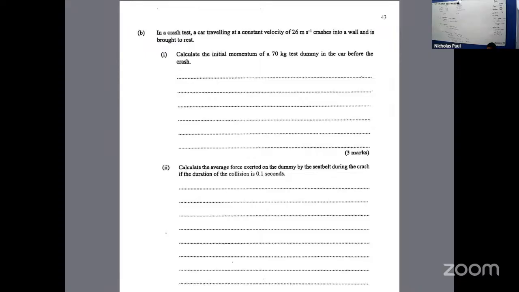Go to the topic by topic, page 43, and do the whole question for now.